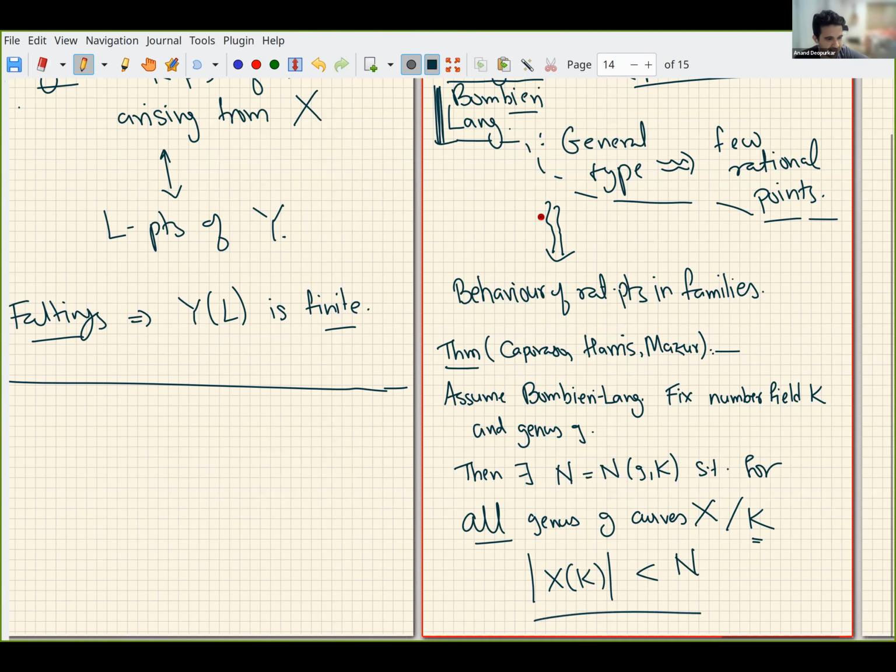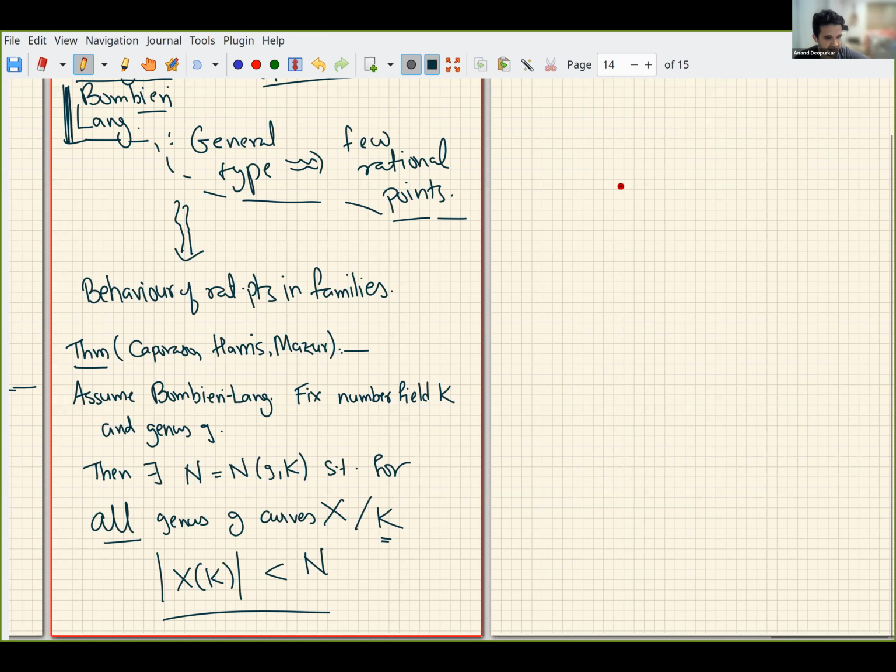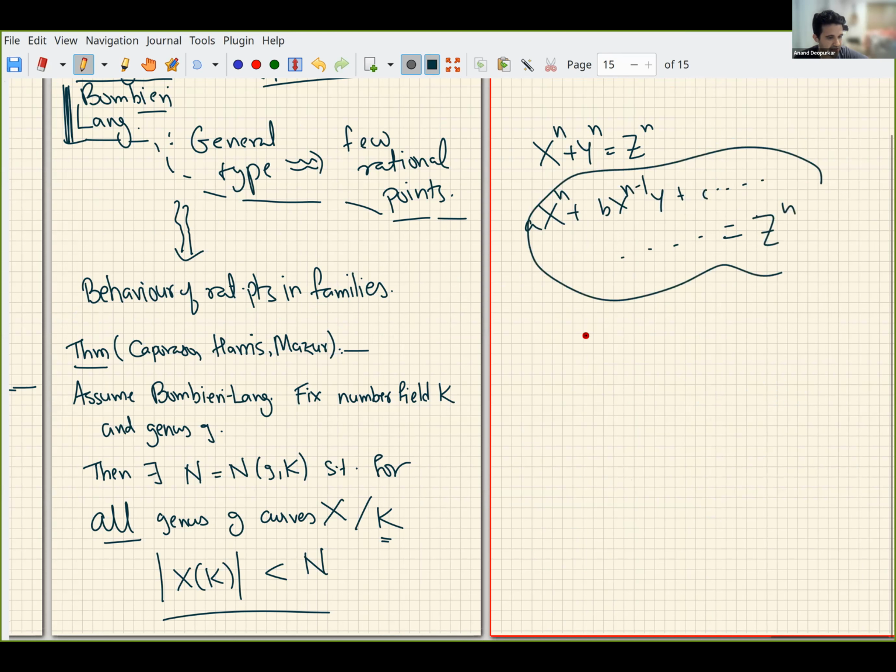If you take any homogeneous equation of degree n, there are so many terms you could put in, and all of these will have a uniform bound on the set of Q solutions. So there exists a uniform bound, well, assuming Bombieri-Lang.